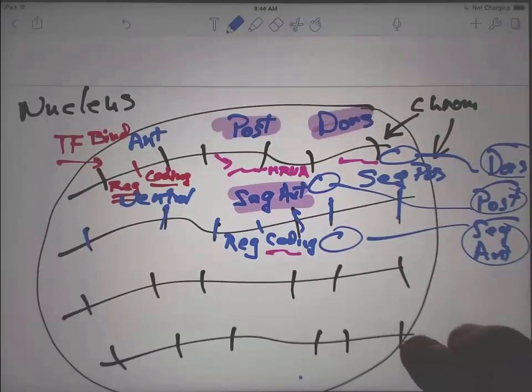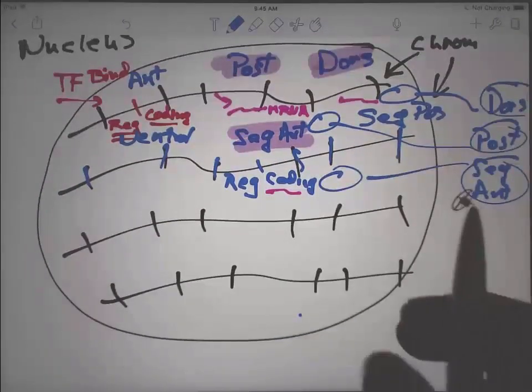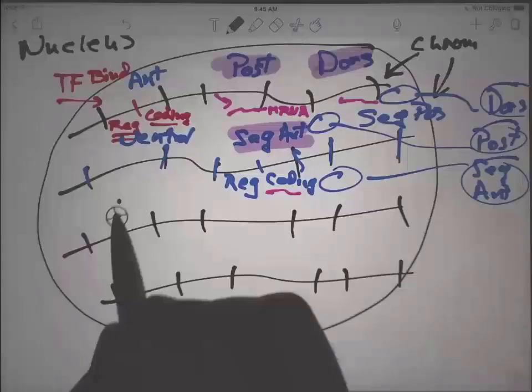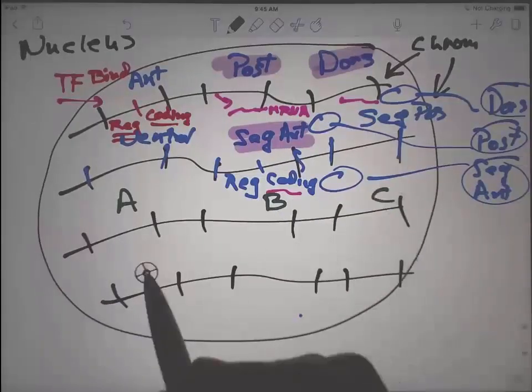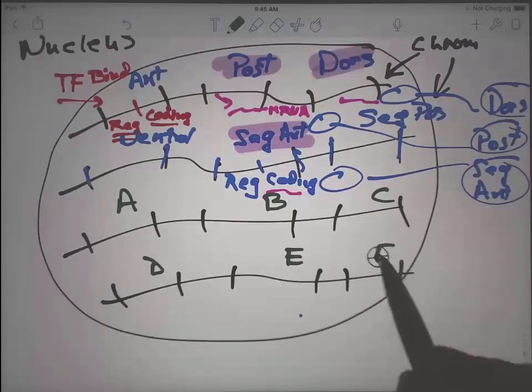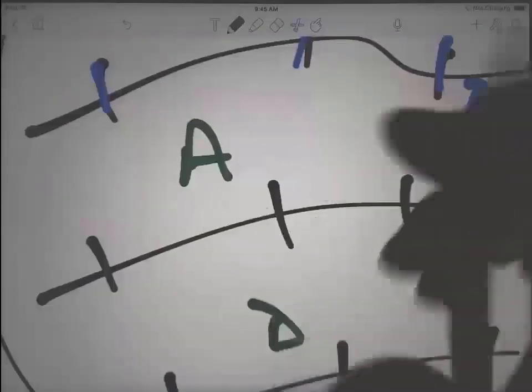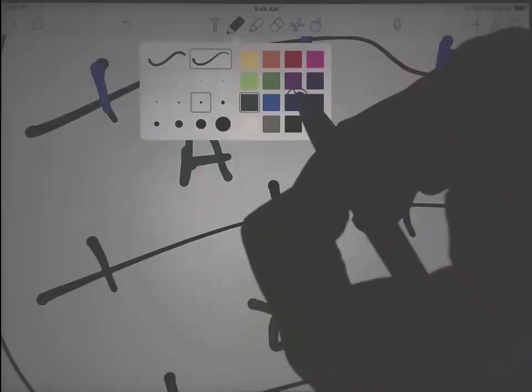So now let's imagine that we've got a series of structural genes or enzymes, and we'll call them A, B, C, D, E, and F. And each of those structural genes will have regulatory regions for particular transcription factors.